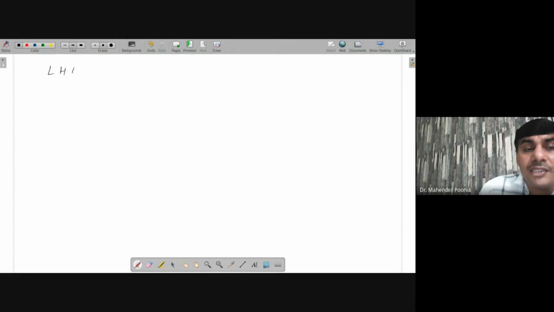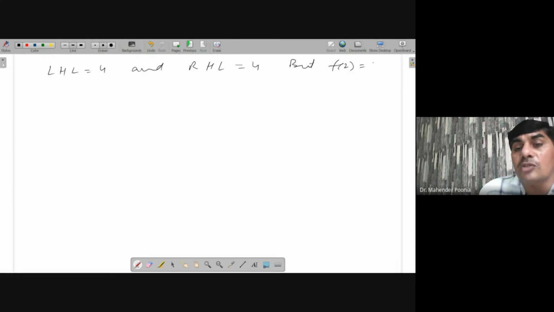So we see left hand limit is equal to 4 and right hand limit is also equal to 4, but f of 2 is equal to 0.